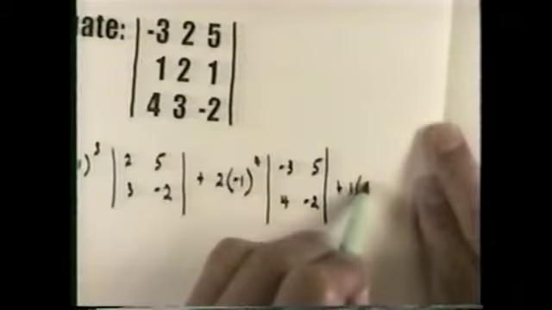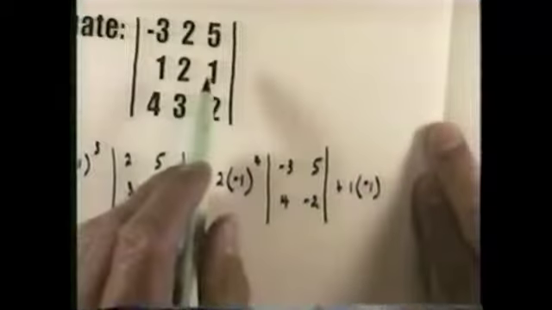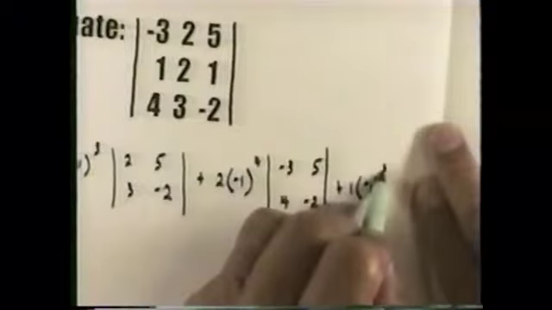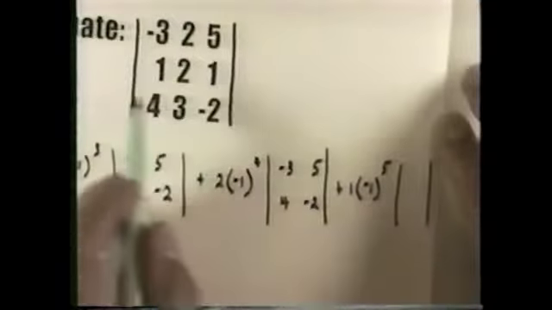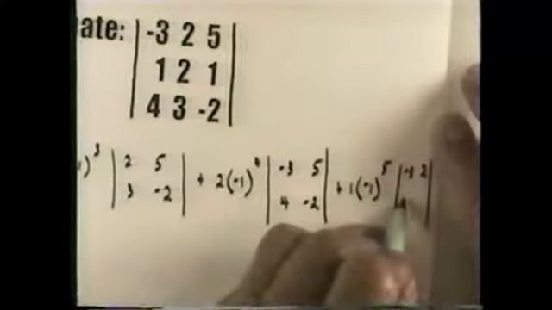Plus 1 times negative 1 to the row 2, column 3, 2 plus 3 is 5. And if I take out row 2, column 3, I'm left with negative 3, 2, and 4, 3.